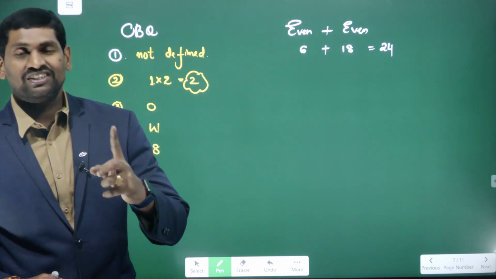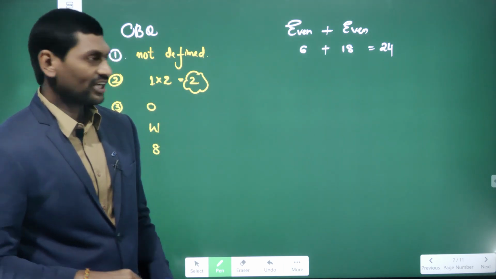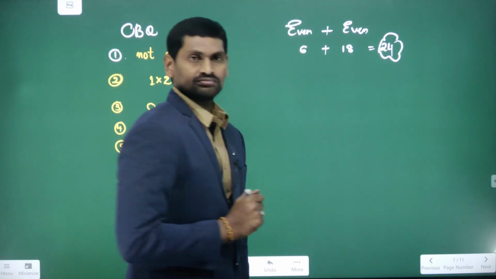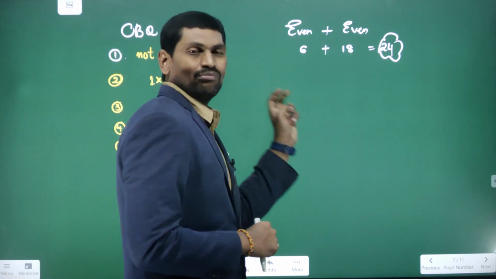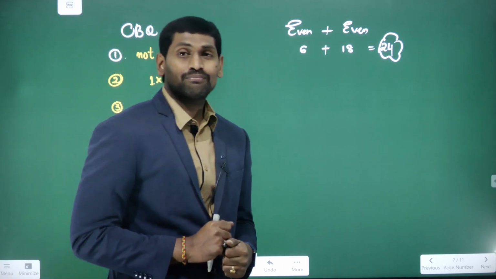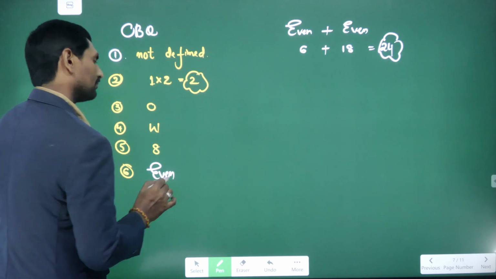So 24 is also an even number. Simply by taking this example, we are getting that sum of two even numbers is even. So our answer is an even number.